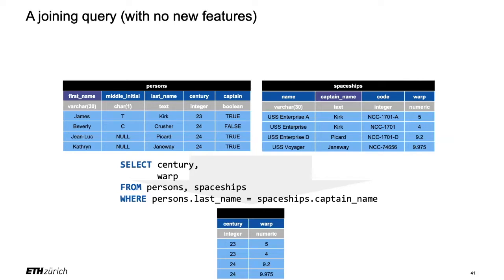So select century, warp from, open parentheses, select last name, comma, century from persons, close parentheses, and then as persons, comma, open parentheses for spaceships, select captain name, comma, warp from spaceships, close parentheses, as spaceships. And then you can keep the rest of the query as it is.